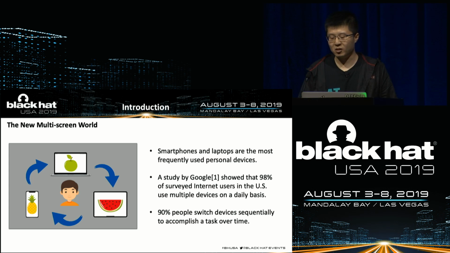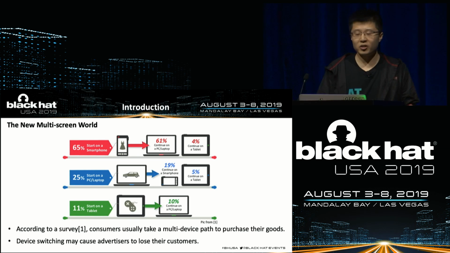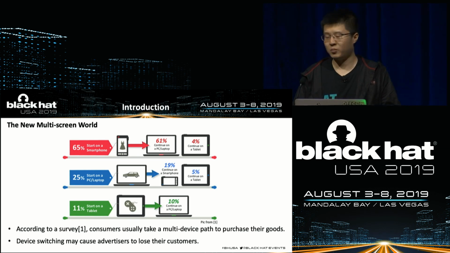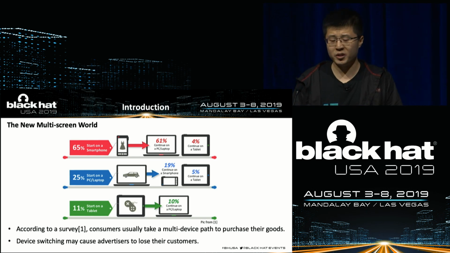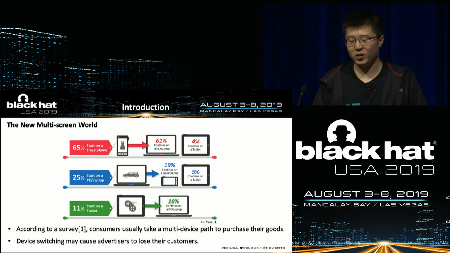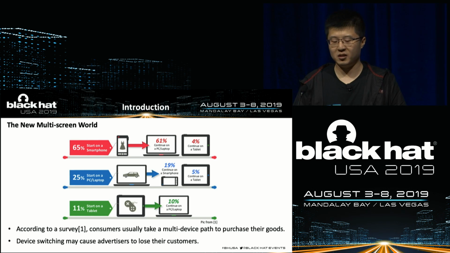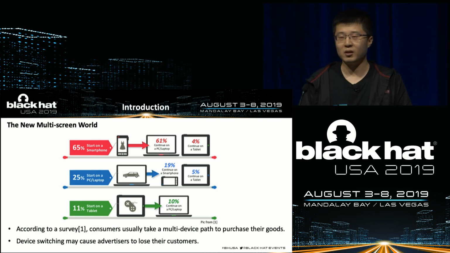But if there is no connection between devices, users may see random advertising things on their device. According to a survey by Google, customers usually take a multi-device path to purchase their goods. For example, 65% of people see an advertisement on a smartphone and then continue to purchase it on a laptop.